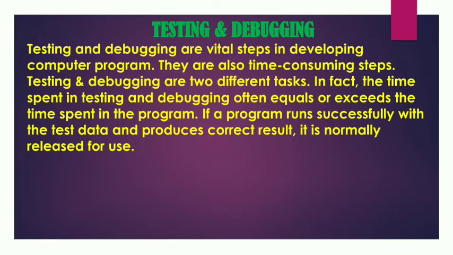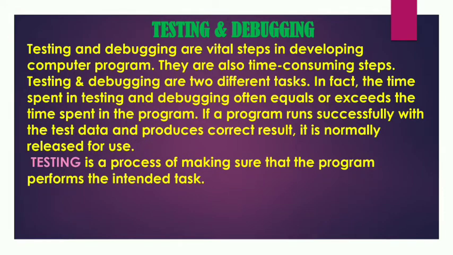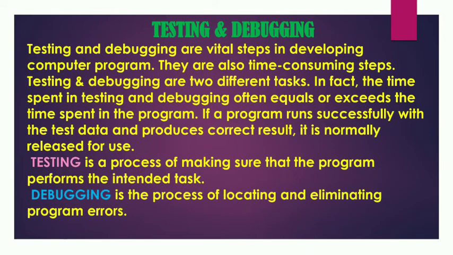So what is testing? Testing is the process of making sure that the program performs the intended task. It means for whatever purpose you have created the software or program, it is giving you the correct output. That is the testing part. And debugging is the process of locating and eliminating program errors.